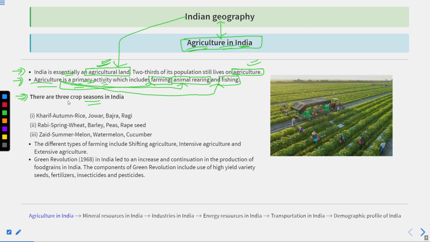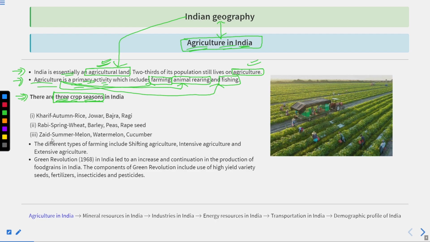That's why in India we also divide the crops by season. It means that basically we have three crop seasons to grow the crops in India. And these crop seasons are as follows.